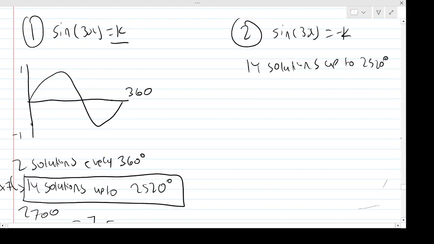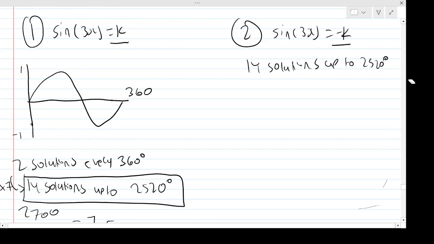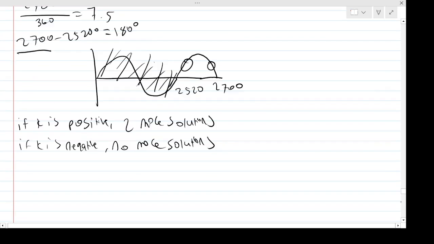But the thing is, we got plus k and minus k. So what's going on is, in one case, k is positive, because it's equal to k. In the other case, k is negative. So in one case, we get 2 extra solutions, and if k is negative, we get no more.